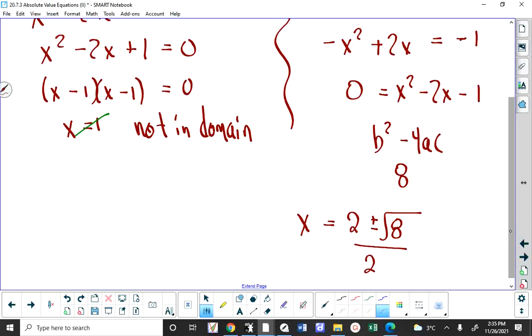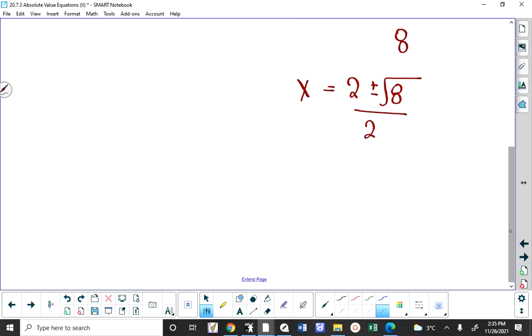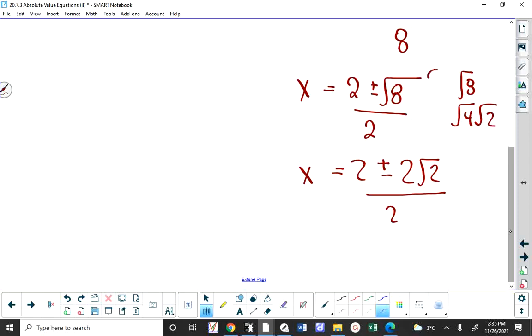Let's simplify that a little bit. 2 plus or minus 2 root 2 over 2. Root 8 is root 4 root 2, which is 2 root 2, so we can cancel a whole whack of 2's.